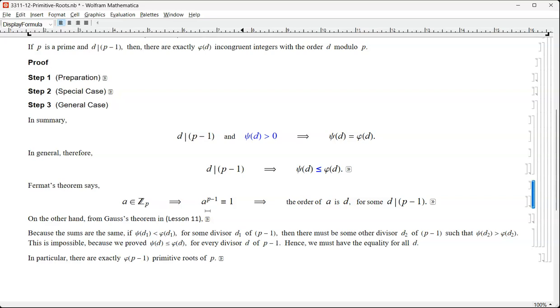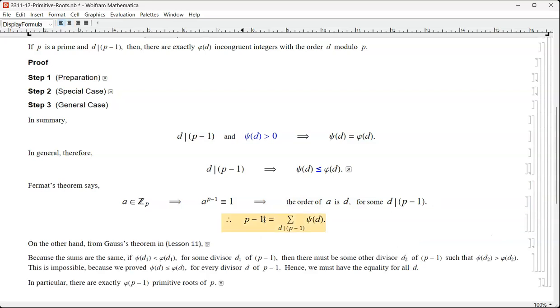Consequently, from the opposite viewpoint, if you regroup all those and add them up, we're going to get the total of p minus 1 back. For each divisor d, get the number of all the a values that have precisely the order d. So it is just counting everything after regrouping, and this is straightforward counting. Either way, we have to have the total number of elements, p minus 1.